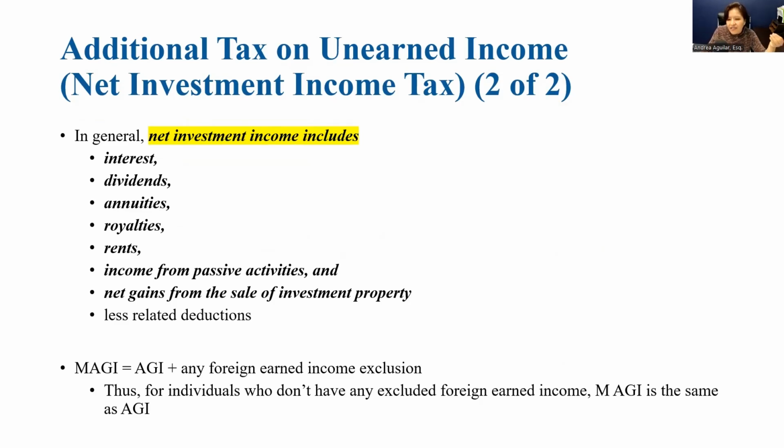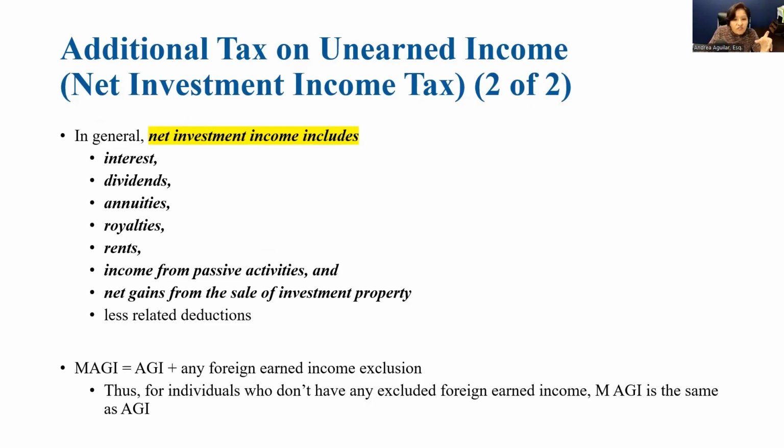MAGI generally is your adjusted gross income, adding back certain amounts that you have ignored previously, like exclusions. What are those exclusions? Tax-exempt interest, foreign earned income exclusion, non-taxable Social Security benefits, excluded adoption expenses, passive loss, or passive income adjustments. But the definition of MAGI is not the same for every type of tax credit that we are considering.